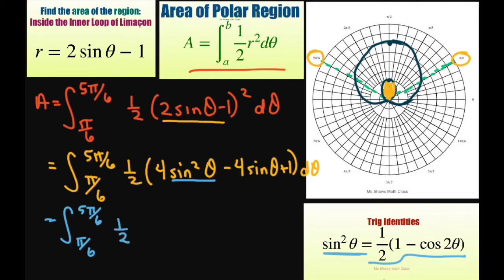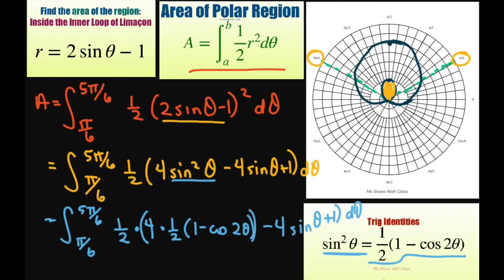So we have 1/2 times 4 times 1/2 times 1 minus cosine of 2 theta, minus 4 sine of theta plus 1. I'm running out of room here.